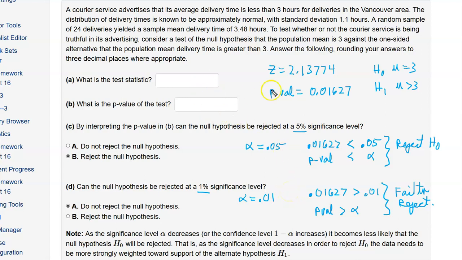And then also remember to finish off this problem up here. You need to type in your values up here.